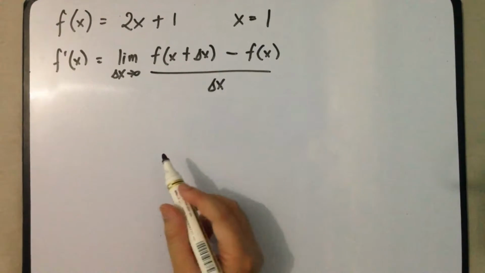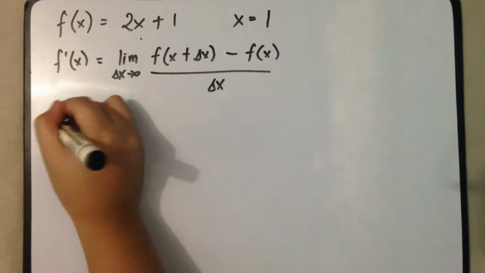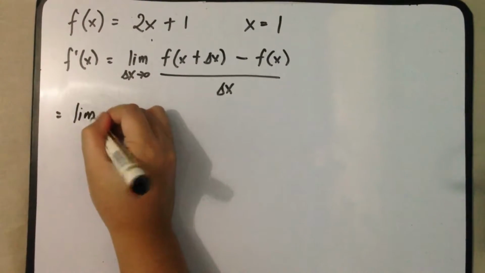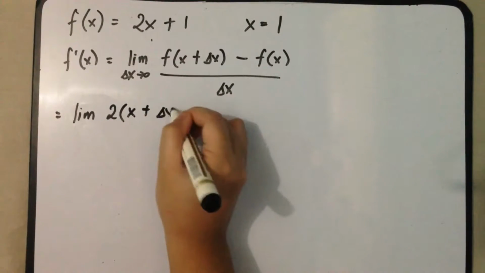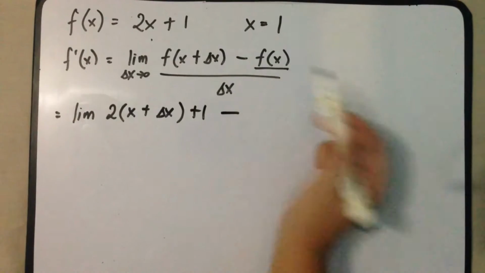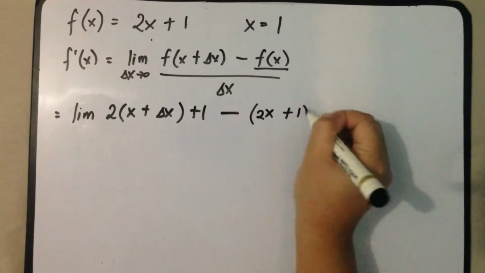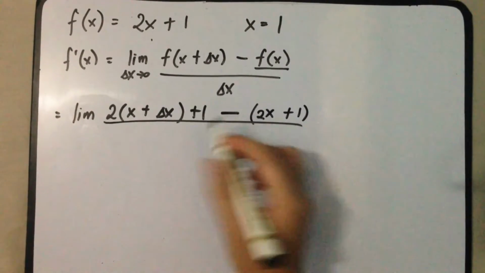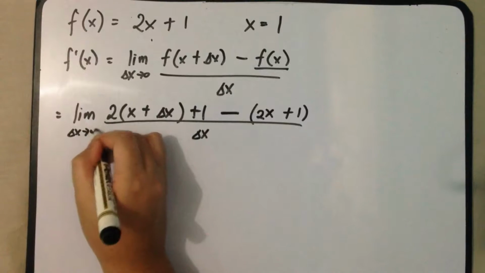The first thing we're gonna do is substitute the x with x plus delta x. So it will become the limit of 2 times x plus delta x plus 1 minus the original function, which is 2x plus 1, over delta x as delta x approaches 0.